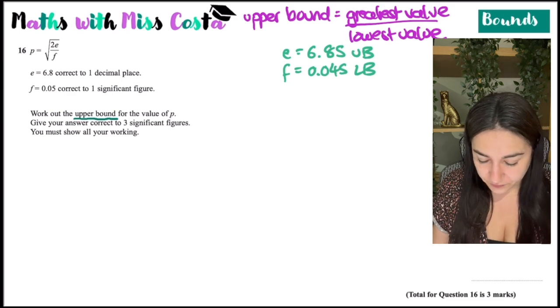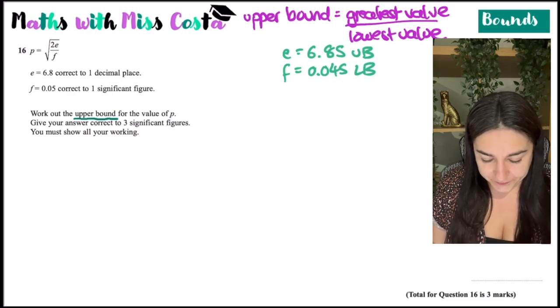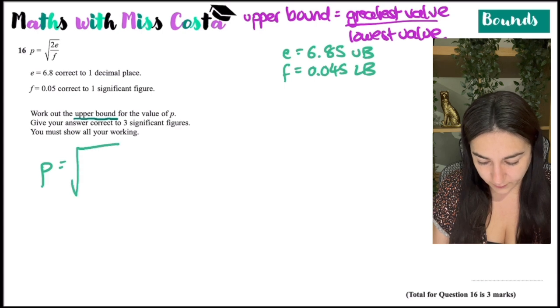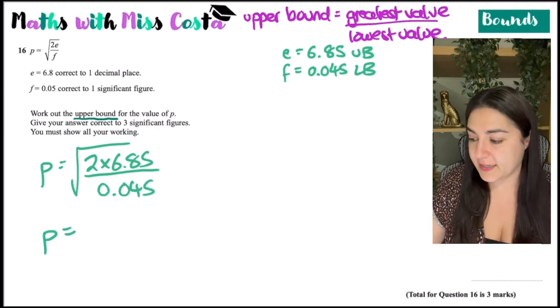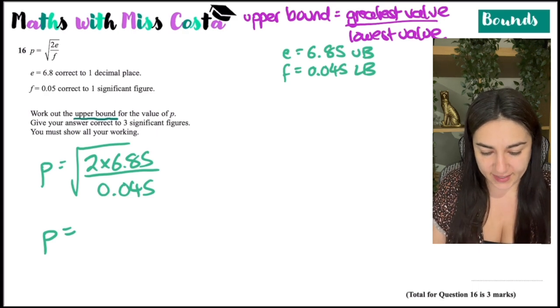So now I need to just enter these in. So p is going to equal the square root of 2e, so 2 times 6.85 over 0.045. I've got a calculator, so let's just enter that in.